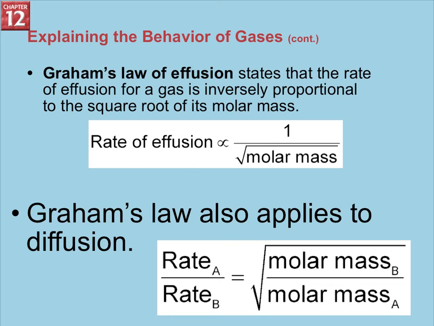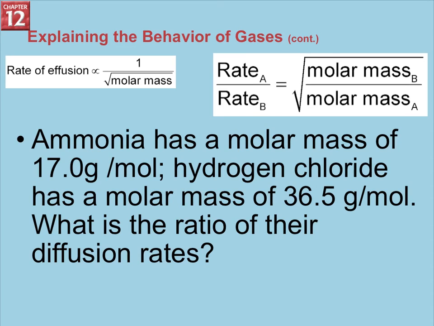So here, if we find the rate of effusion of A and B, those are applied to the square root of the molar mass of each, but they're going to be inverse in this formula. Okay, we're going to get to some problems here using these two formulas: rate of effusion is 1 over the square root of the molar mass, and comparing rates uses the square root of the molar mass inversely from the rates.